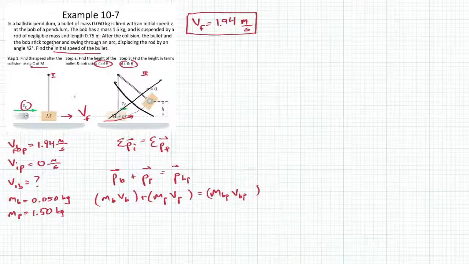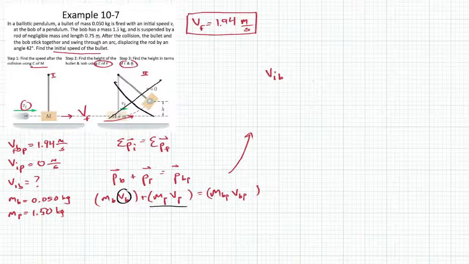Well, we're almost done, because the initial velocity of the bullet is what we want to find, and we know everything else, so we can simply solve for the velocity of the bullet. Let's take this whole thing and subtract it on both sides.